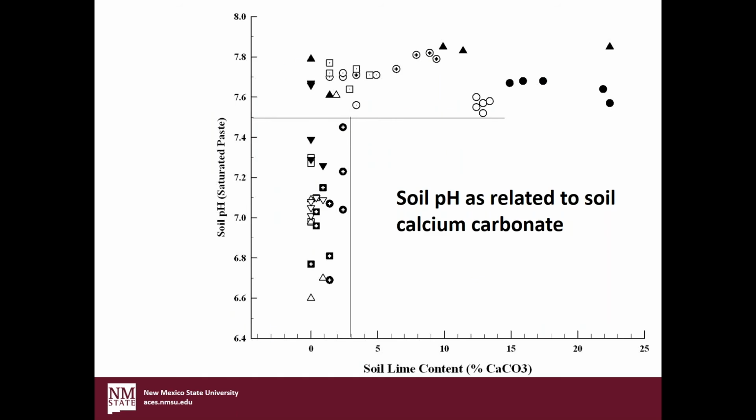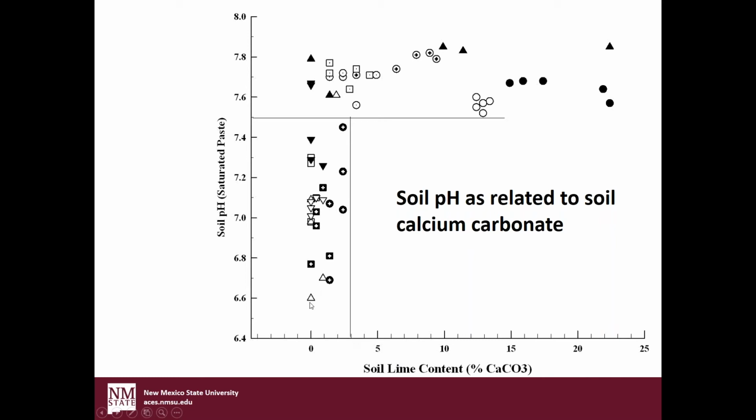I did do a survey around the state, and what I found is represented in this graph. On the left-hand side, we have our soil pH from a saturated paste extract, which is my preferred method to evaluate these pHs. We had the soils tested for soil lime, or calcium carbonate content. What I thought was interesting was that most of our labs are evaluating 0, 1, 2, and 3% lime.